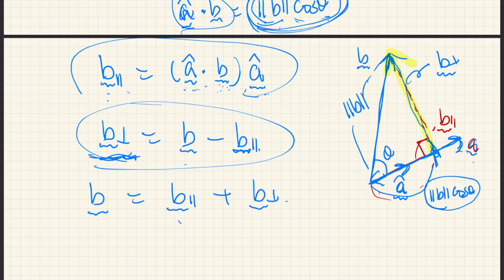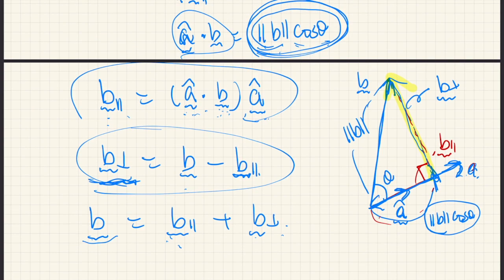B parallel is the parallel component of B, parallel to A, and B perpendicular is the component of B that is perpendicular to A. So any vector can be split into these two components, given yet another vector, in this case the vector A.